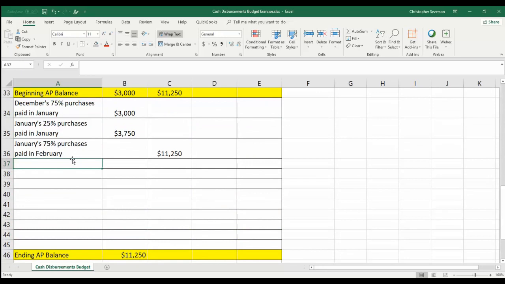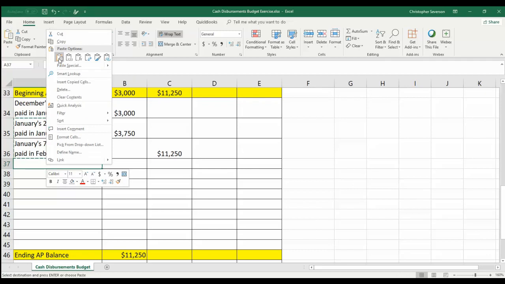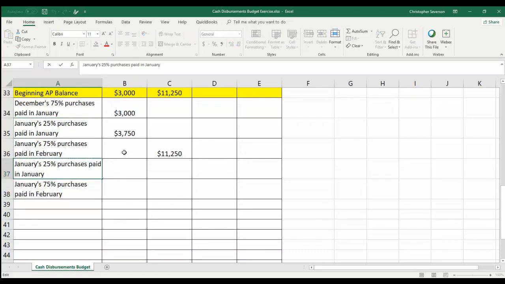Now we're going to do February's, and in fact, I'm just going to copy these down here and then just retype them. February's 25% purchases paid in February. Same month, basically.